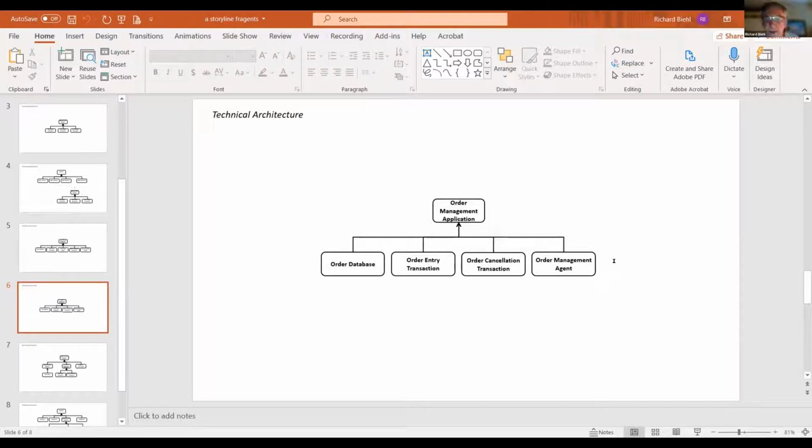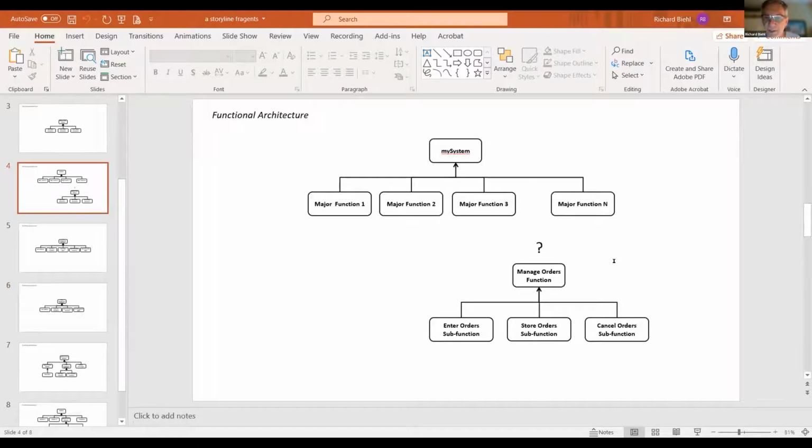So let's do another one now to say, chances are my order management agent isn't just managing the orders themselves. Okay, because order management is going to be part of a broader function. This goes back to what were the major functions. So let's assume order management was not a major function, that it turned out order management fell under a major function called maybe customer service or serve customers.